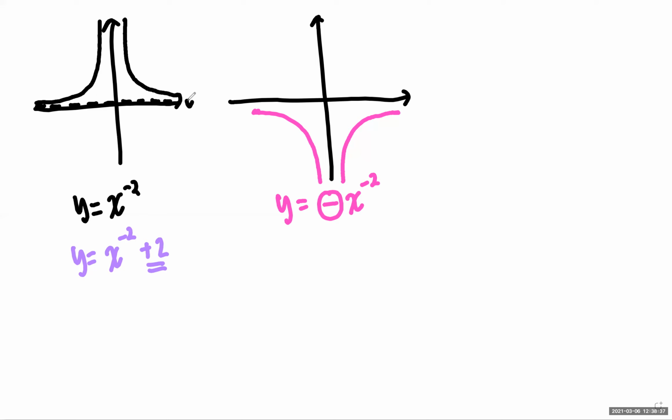I know that my original asymptote is y is equal to 0. So if I move up by 2, it means that my asymptote will now be at y is equal to 2, and then it will be the same shape here and here. Got it, guys?